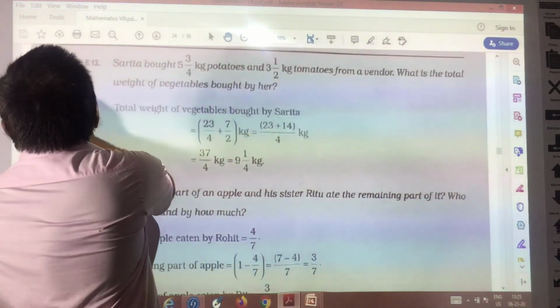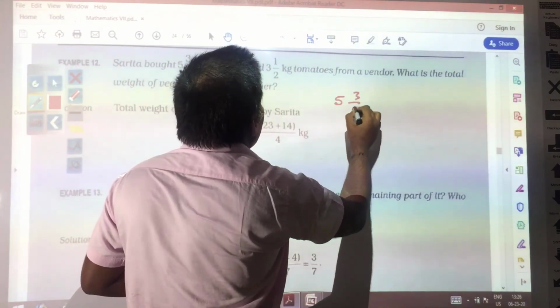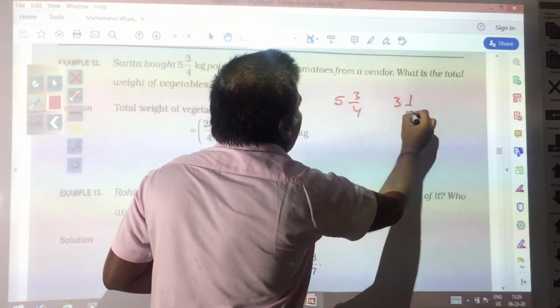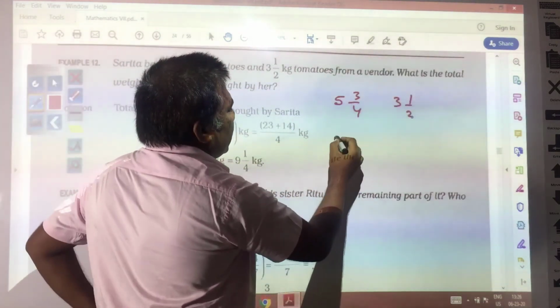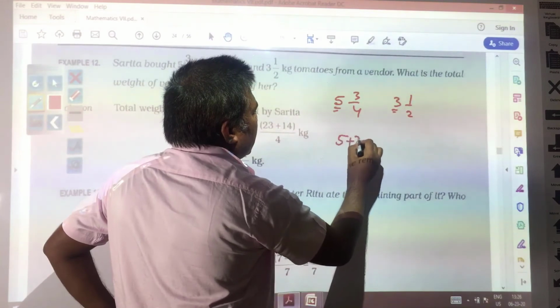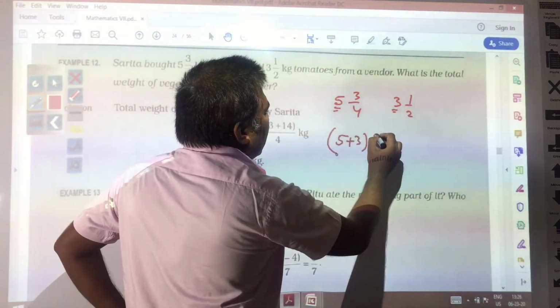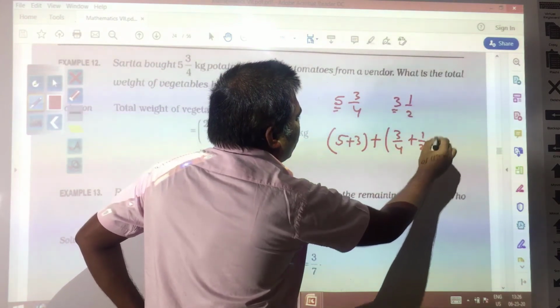Here you see 5 whole 3 by 4 and 3 whole 1 by 2 you have. You need to add these. What is required to be done? Simply the whole numbers that you have, you write together, 5 plus 3, and then 3 by 4 and 1 by 2 you add.